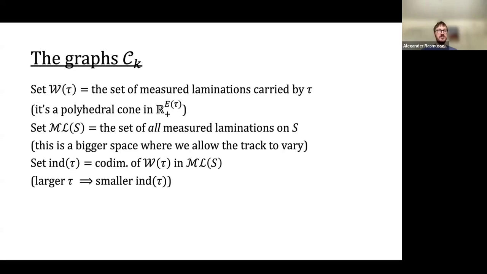And this is all to define the index of tau, which is the codimension of W(tau) in ML(S). Basically, we want to think of this index as some measure of how big tau is. If you have a larger train track tau, then you get a smaller index. And the index is the thing that we crucially use to define these graphs.